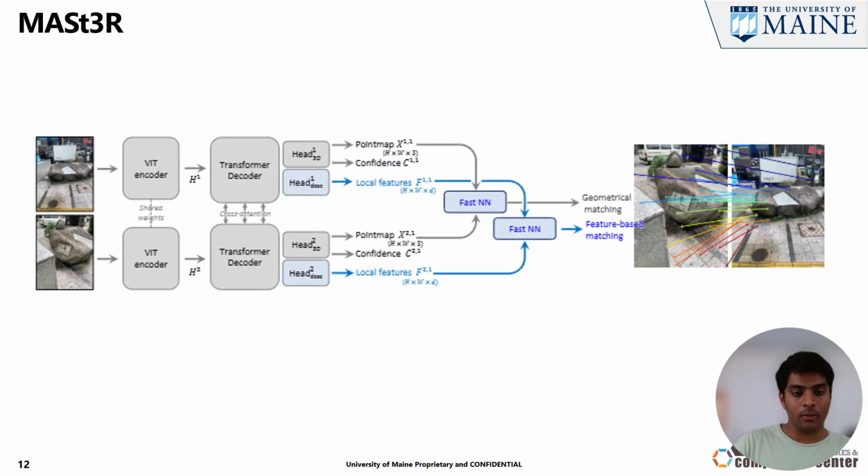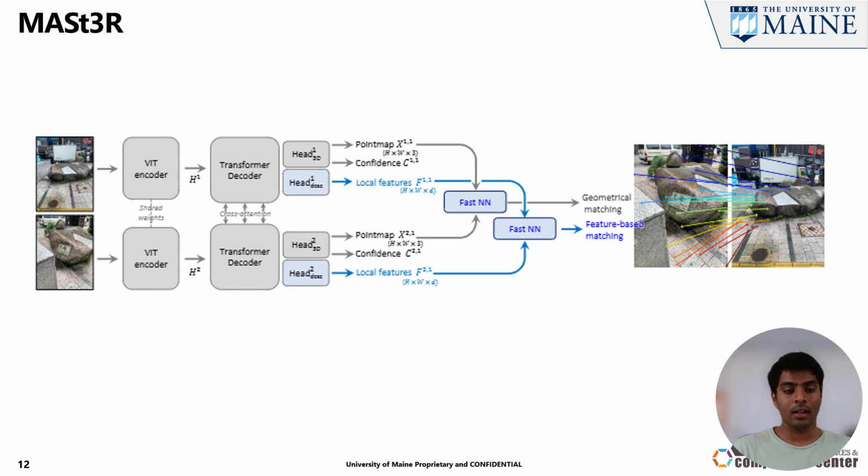I'd like to go over how it manages to produce a good result, because the field is quickly evolving. MASt3R is based on the same model as your large language models.